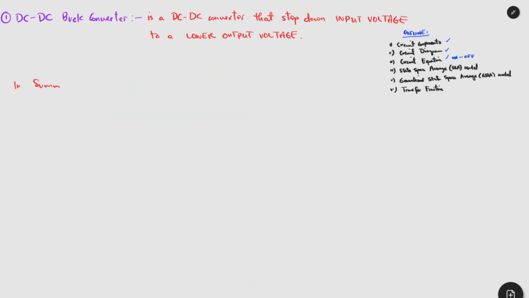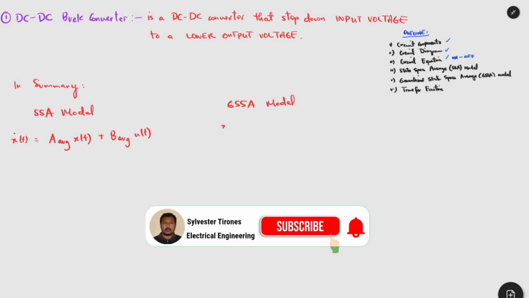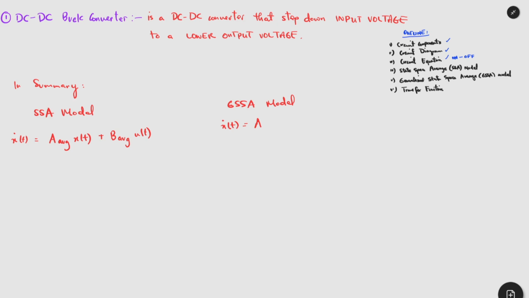For the state space average model, we have x dot of t equals A average x of t, which is the state variables, plus B average u of t, which is the input. For the generalized state space averaging model, we have x dot of t equals A average x of t, the state variables, plus B average u of t as an input, plus B_D times d of t.